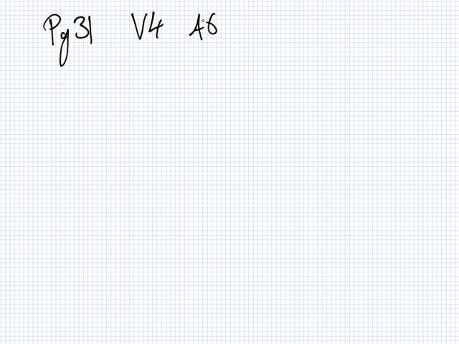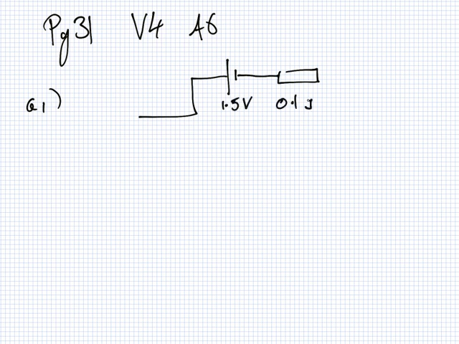Two cells, each of 1.5 volts, have internal resistance of 0.1 and 0.18 ohms. What is their combined internal resistance when they are connected in parallel? Okay, so part A1, they're in parallel. So here's one here, a 1.5 and a 0.1. 1.5 volts, 0.1 ohms.